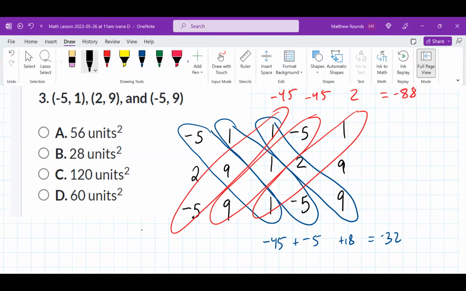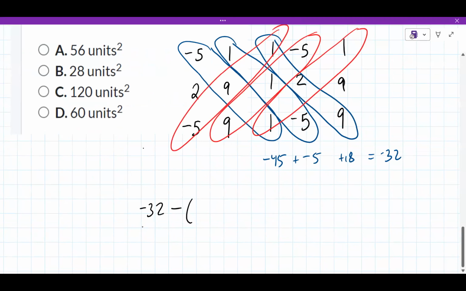And key thing here, remember that it's bottom minus top, one of the exceptions in math. And then you take half of this result to find the area. Okay. -28. 28, good.